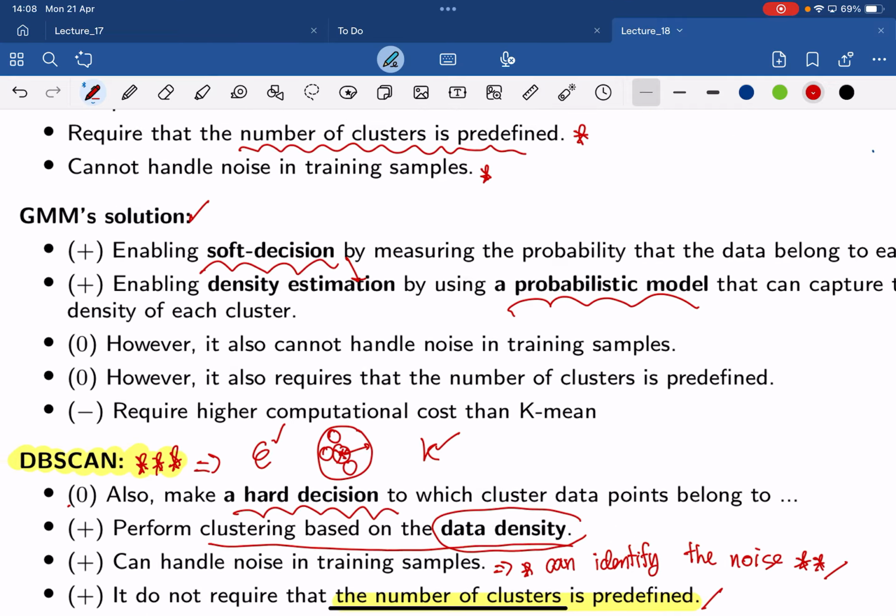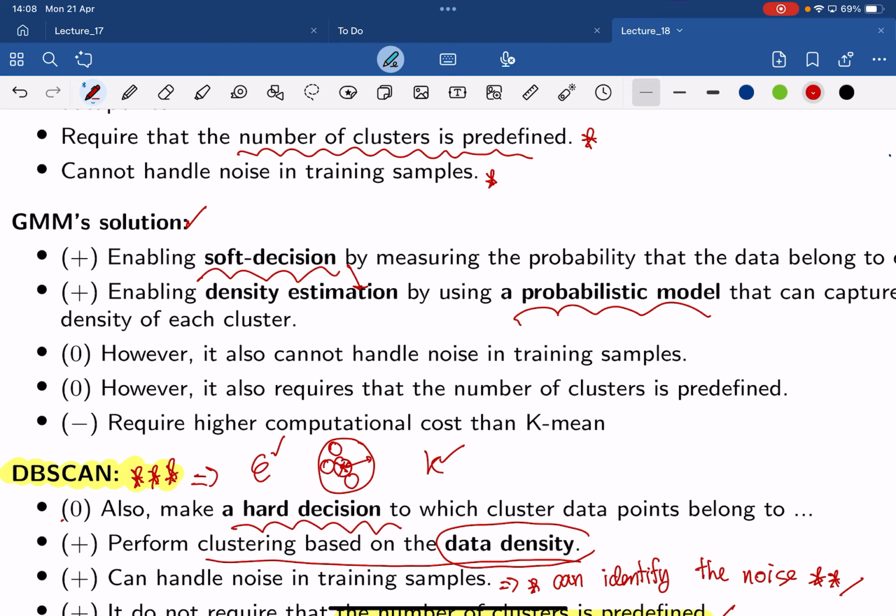Okay, compare DBSCAN to the Gaussian mixture model. Even though we haven't learned it yet, I'll give you a rough idea of why people sometimes talk about these two together. When you learn about GMM, you may find that even though it's fundamentally different from k-means, the procedure of Gaussian mixture model clustering is very similar to k-means.